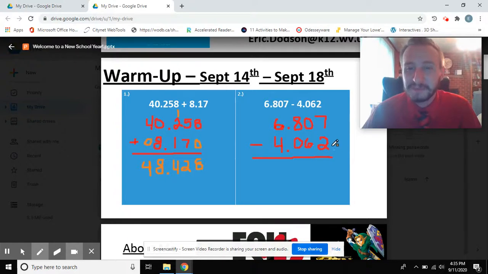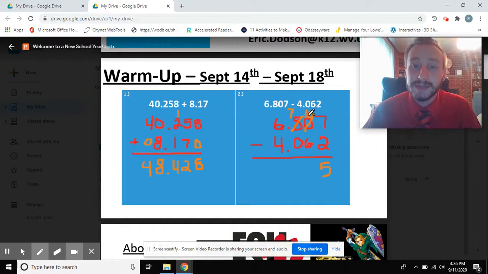Let's try the next one. 7 minus 2 is 5. Now we have 0 minus 6. Can you take 6 away from nothing? No. So you're going to have to borrow from your neighbor. Cross off the 8. Make it a 7. And this 0 turns into a 10.